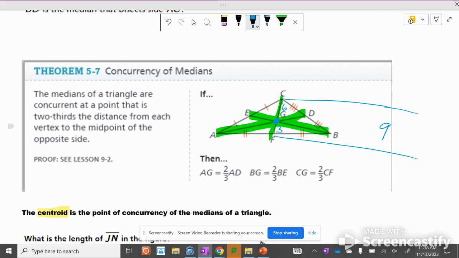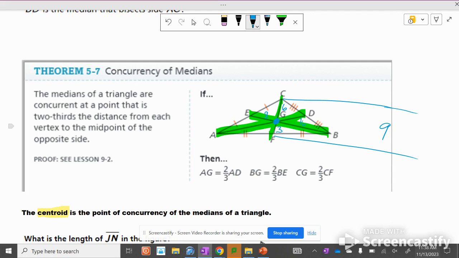The 3 is 1/3 of 9. 6 is 2/3 of 9. And 6 is twice as long as 3. So if this short one was 8, how long would this one be? 16, because the short one is half as long as the long one. The long one is twice as long as the short one. So if this is 8, this is 16.